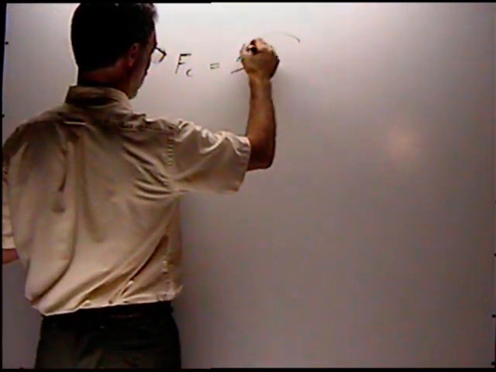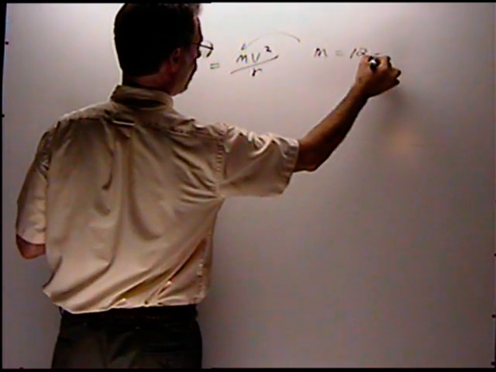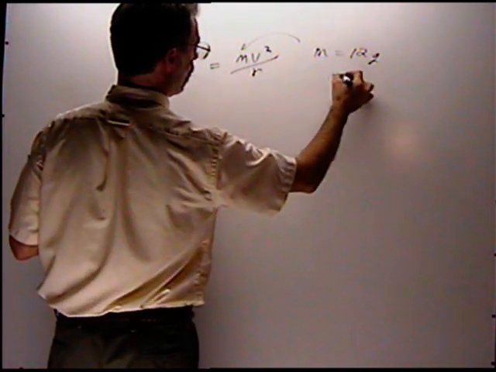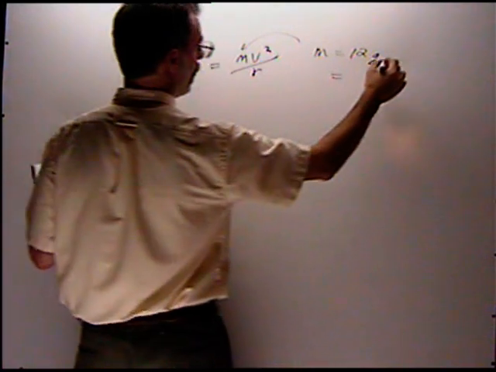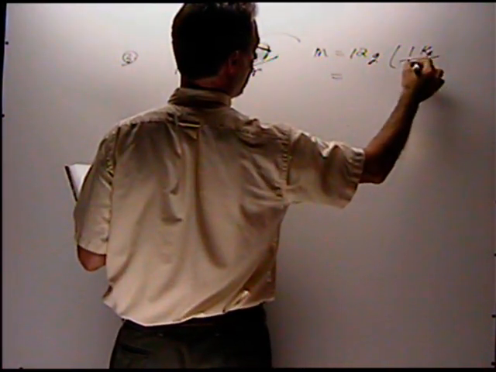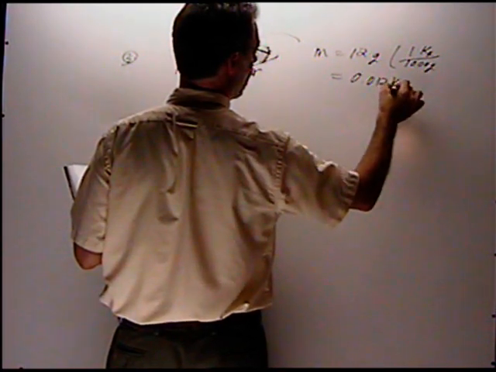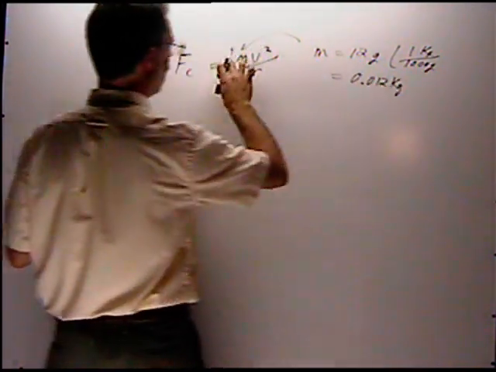You put the mass in here. Now remember, the mass is 12 grams, but we have to convert to kilograms, so that's 1 kilogram divided by 1,000 grams, 0.012 kilograms. So remember to convert to kilograms.